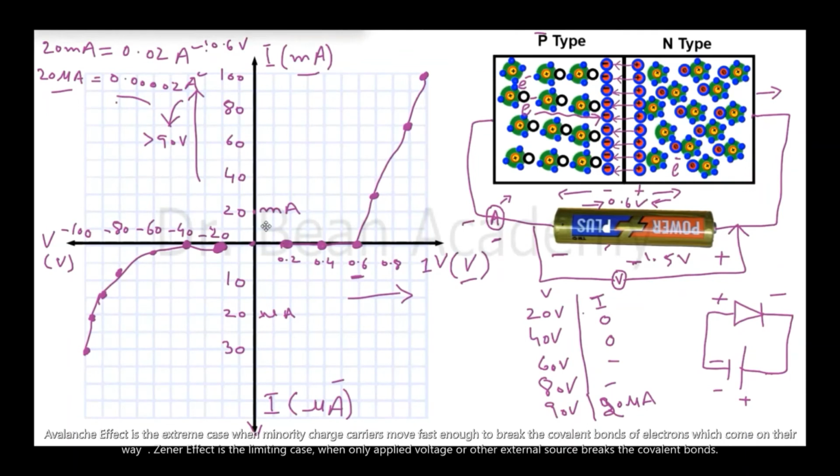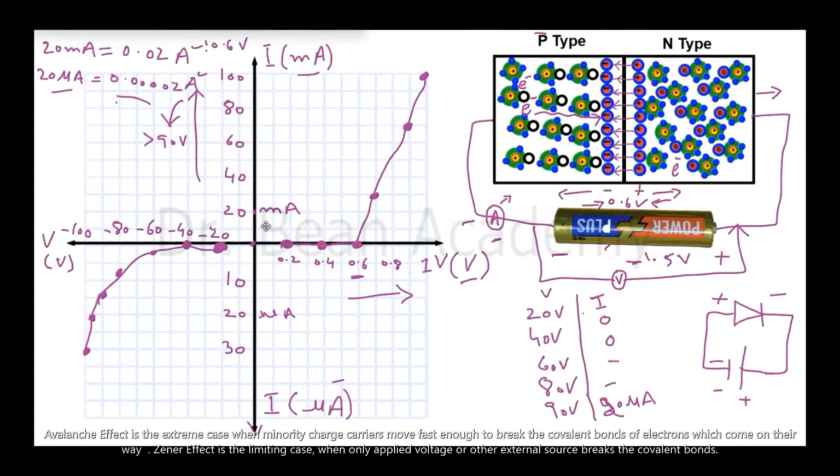I told you that even for insulators or some materials which are not conductors, if we apply a very high and strong electric field across the material, that force will force the electrons, even if they are tightly bound with their nuclei, to detach themselves from their nuclei, and then they will start flowing. So this is the same behavior.